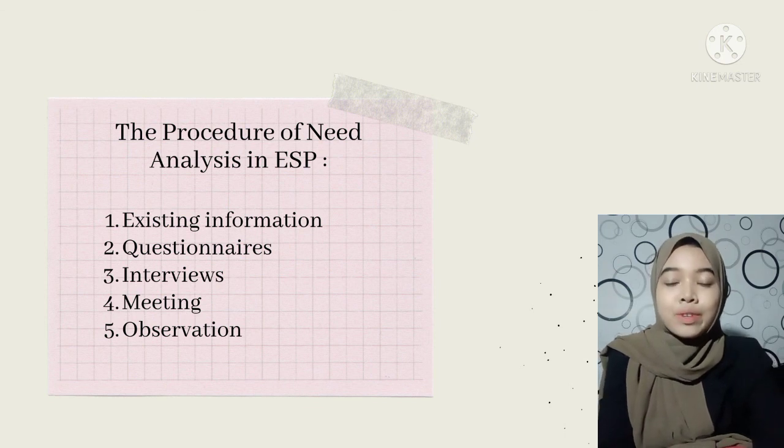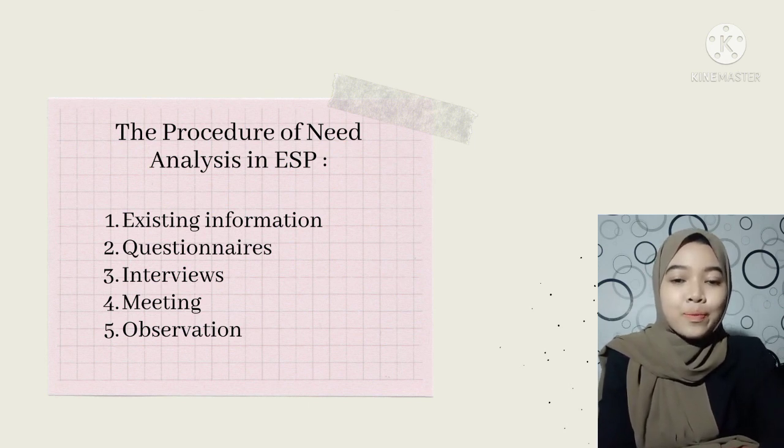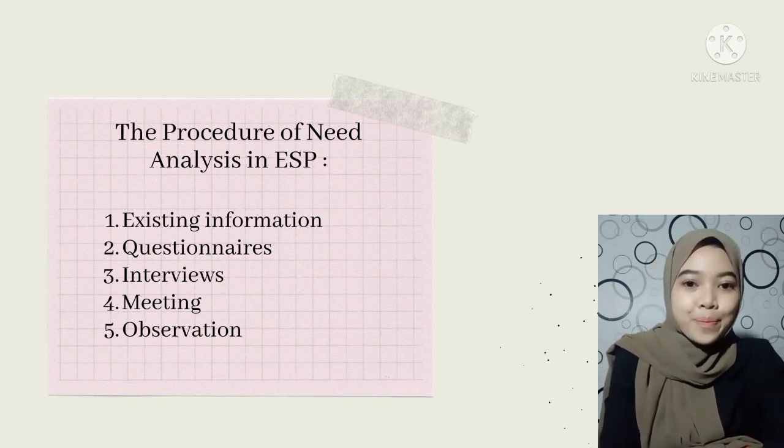The second is questionnaires. Give the questions by papers to gather the information on a large scale. The third is interview. It is question and answer with the learner who wants to learn in ESP.